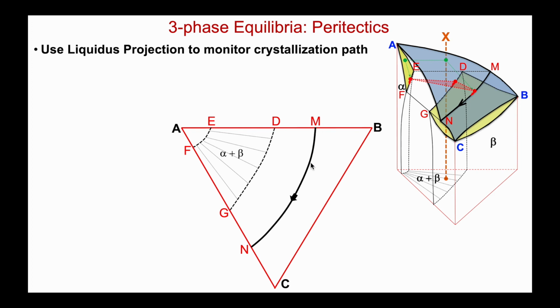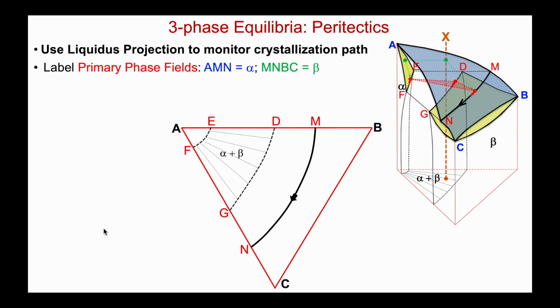That's the train on these tracks going from M down to N. And when three phases coexist, alpha must be on EF, beta must be along DG, and of course in the solid state between these two I have a two-phase alpha plus beta region. When we're using a liquidus projection, the first thing we should do is label the primary phase fields on this projected view.